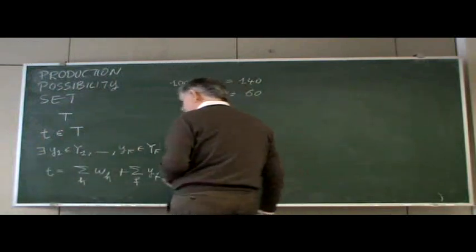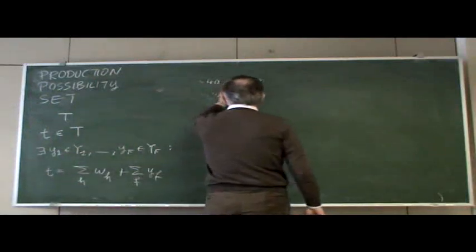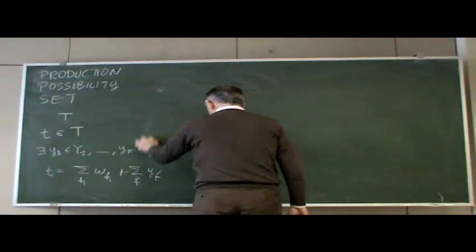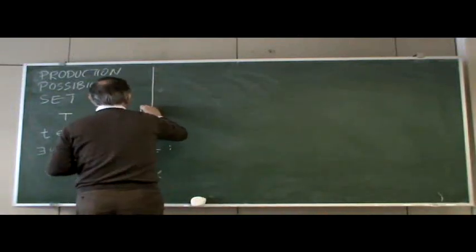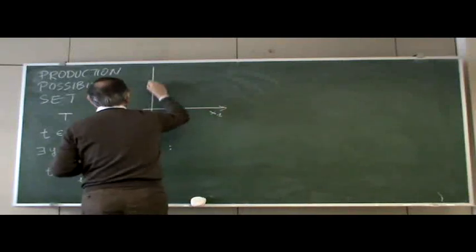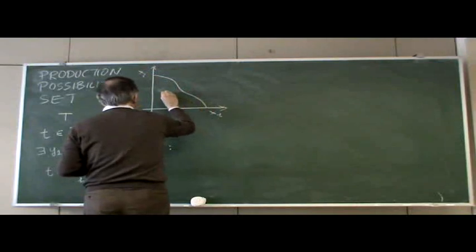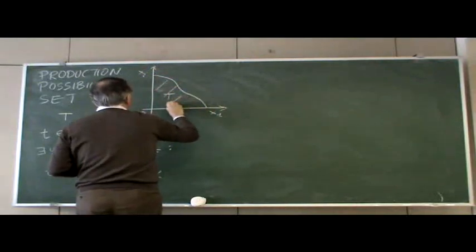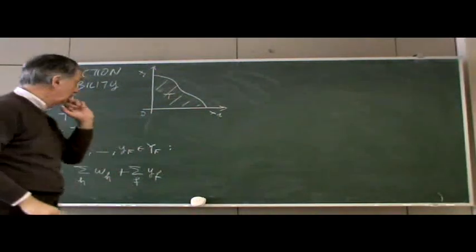We can represent this set graphically, but it is the usual production possibility set we studied in the introduction. Suppose that there are only two goods, x1, x2, this is the set T. Is it clear?